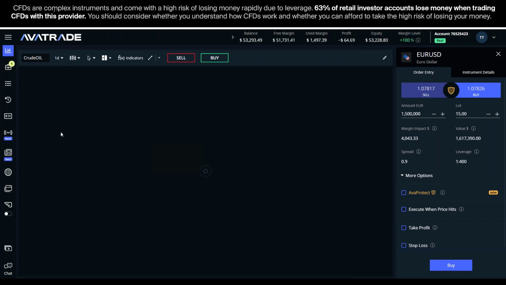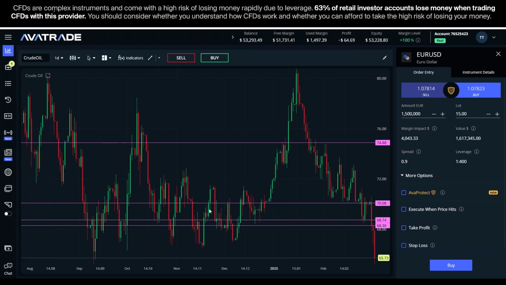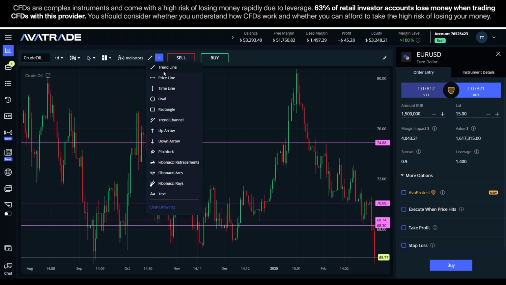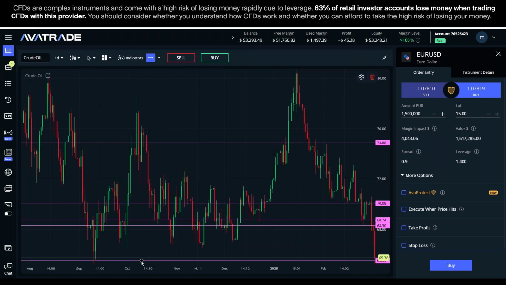I don't see a nice support level until I go to the one-day candles, and then we find it over here. Okay, you see the one-day candles. Last time it hit this price way back here in September, the price then jumped back up. What happened just now? It hit that price exactly and started to bounce back up.